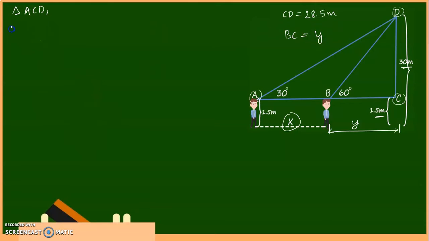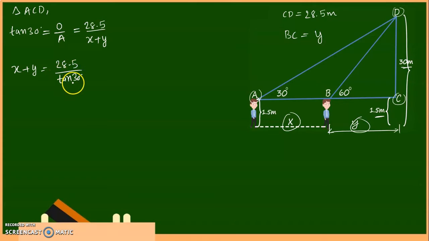So in the triangle ACD, if you apply the formula for tan 30, tan 30 will be equal to the opposite side divided by the adjacent side. Here the opposite side is CD, that is 28.5 meters, divided by the adjacent side, that is X plus Y. This distance AC is equal to X plus Y. So we can write X plus Y is equal to 28.5 divided by tan 30, and the value of tan 30 is 1 by root 3.